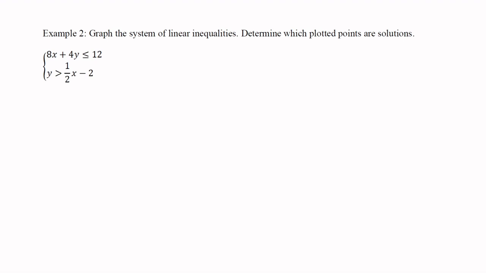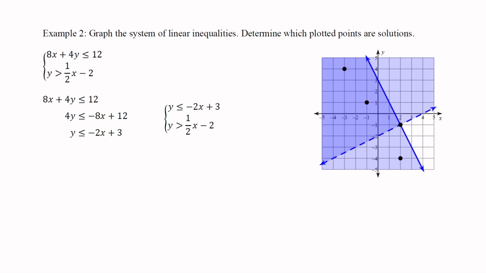To graph it by hand, we are going to want to take that first inequality and get y by itself so that it is in slope-intercept form. So you subtract 8x from each side, and then you divide each side by 4. Now that we have a system where both are in slope-intercept form, you can graph both of those inequalities and see which points lie within the solution.